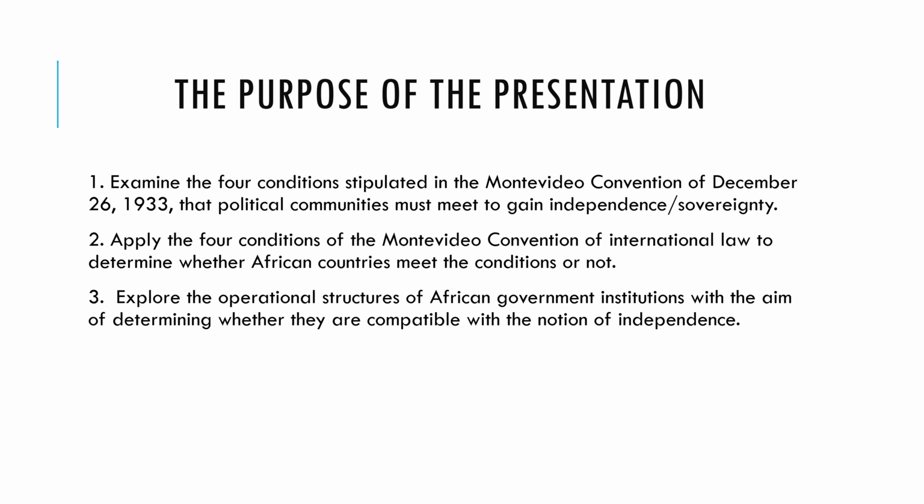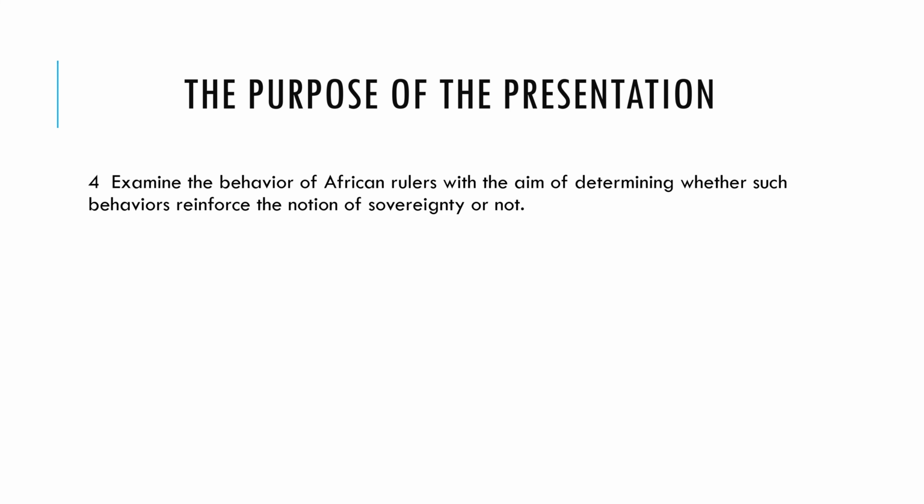Explore the operational structures of African government institutions with the aim of determining whether they are compatible with the notion of independence. And 4. Examine the behavior of African rulers with the aim of determining whether such behaviors reinforce the notion of sovereignty or not.